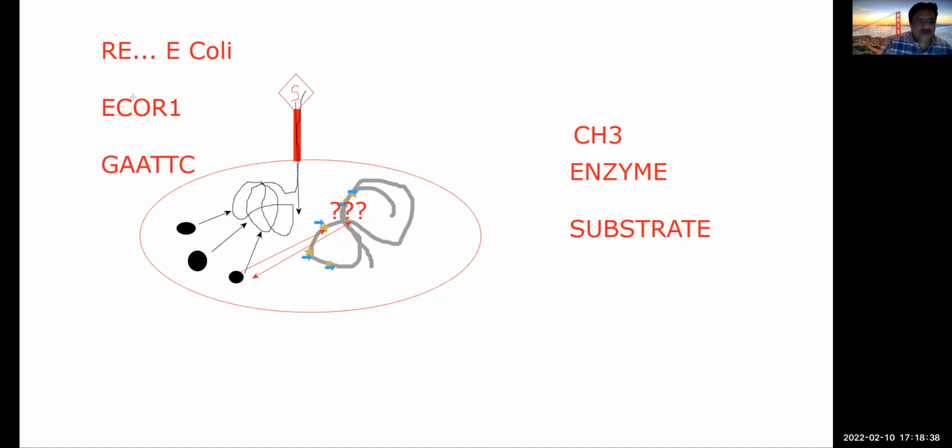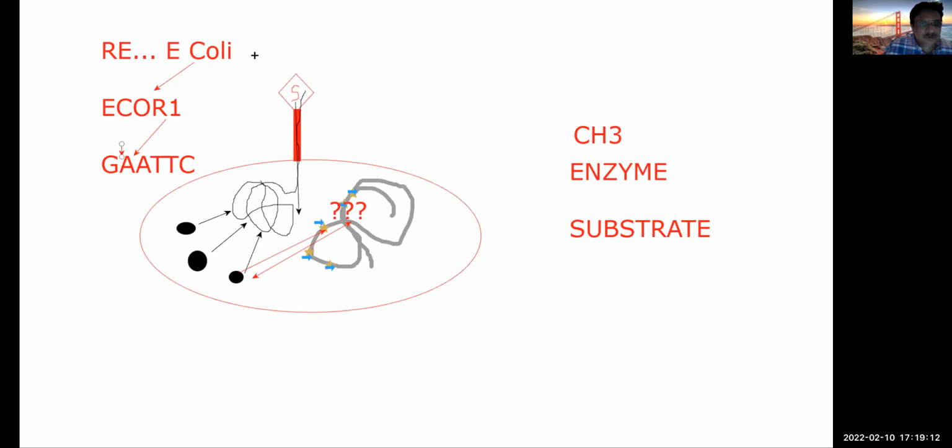So I mentioned to you that enzymes are very specific. For example, E. coli has a restriction enzyme, EcoR1. This EcoR1 acts at a specific sequence called GAATTC. Now, specificity will further come from this, that this enzyme will act here between G and A. And when I'm using the word act, it acts at a specific site.